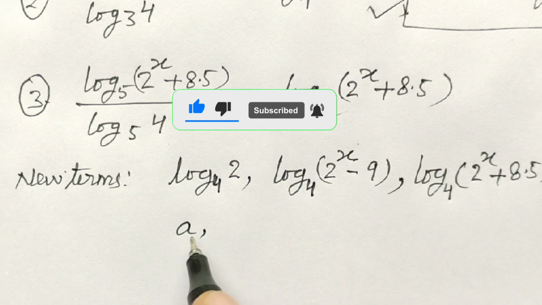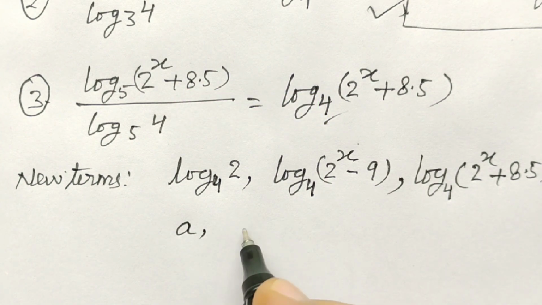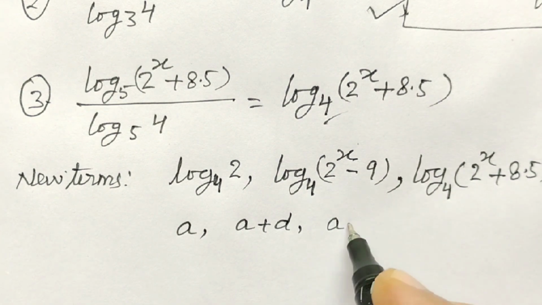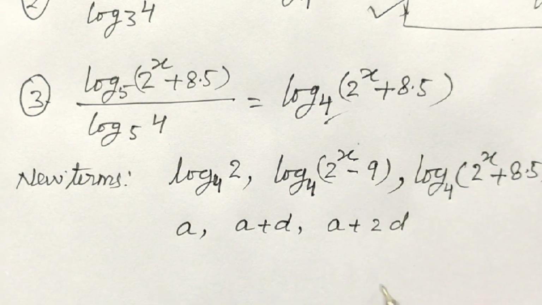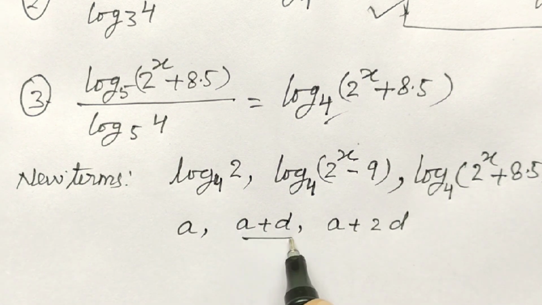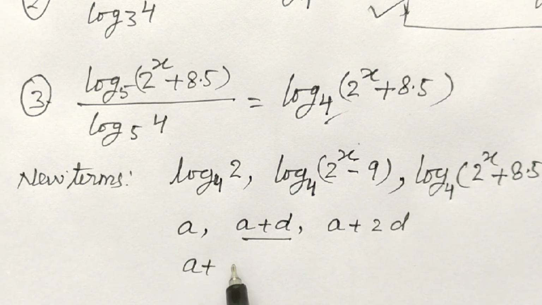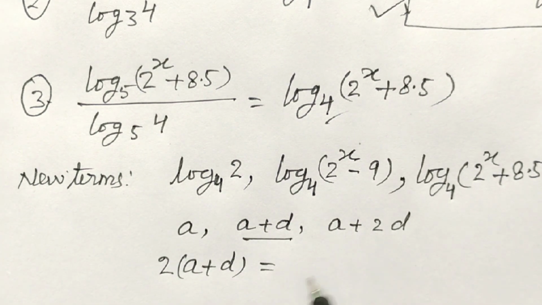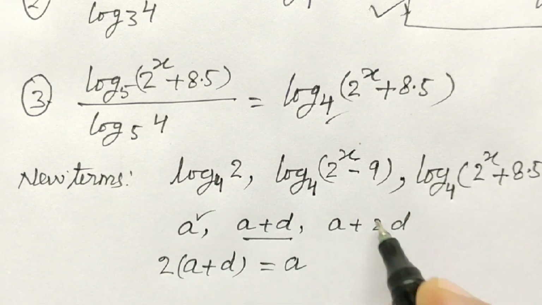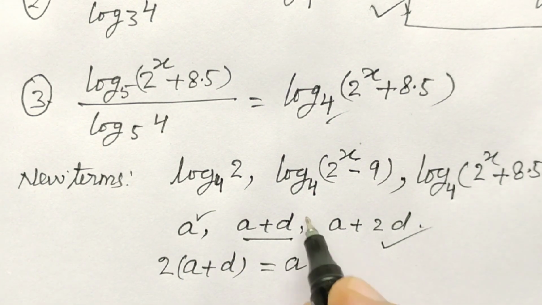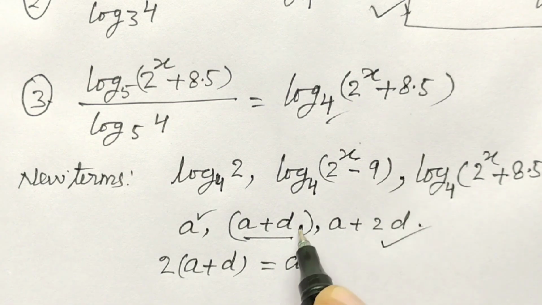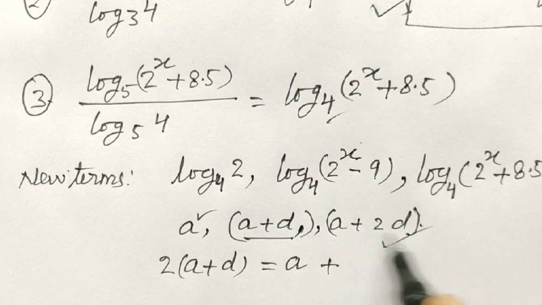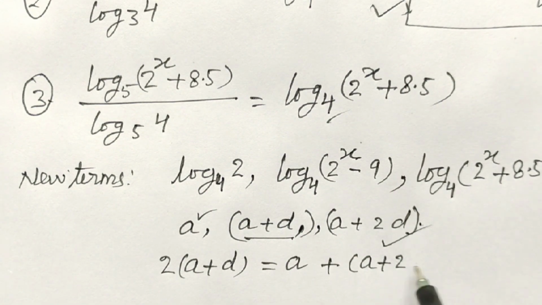As the first term of an arithmetic progression is a, the second is a plus b, and the third term is a plus 2b.